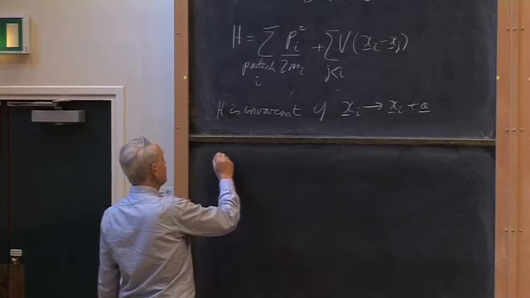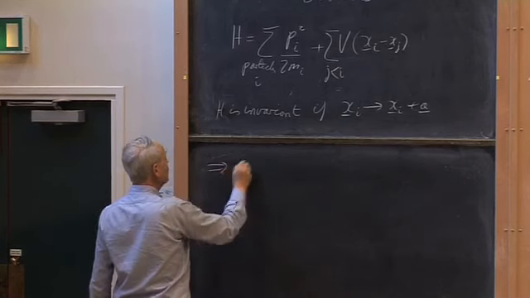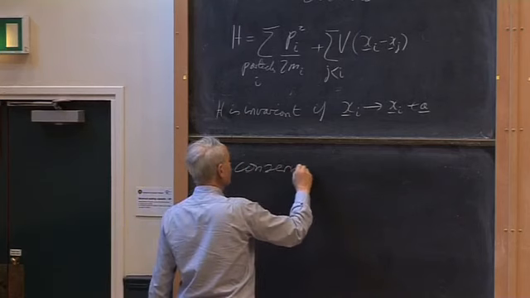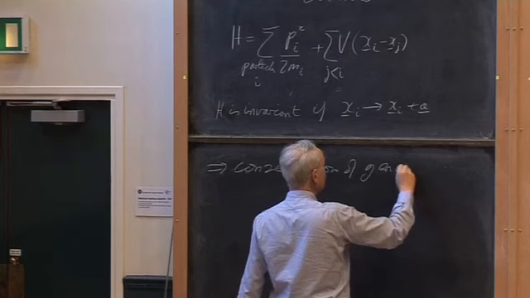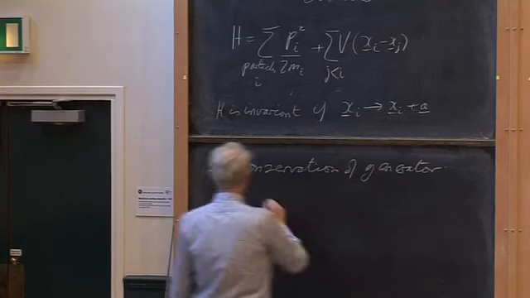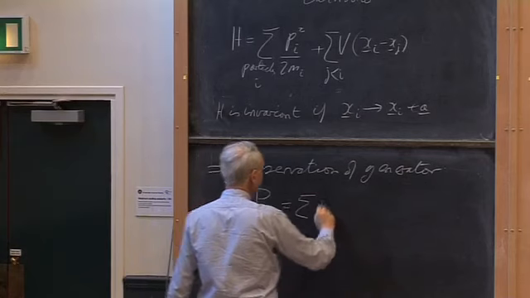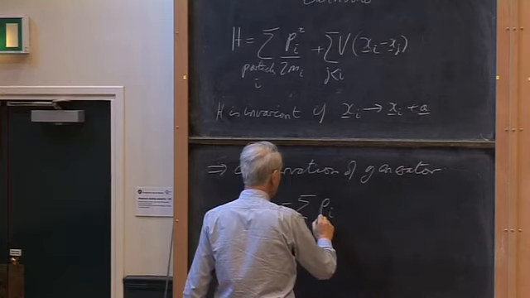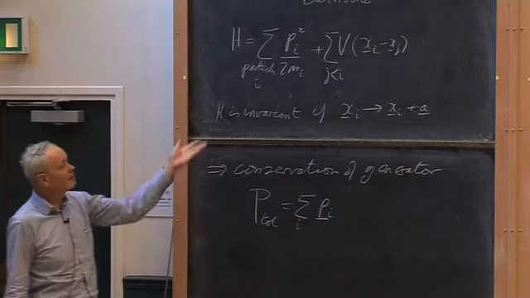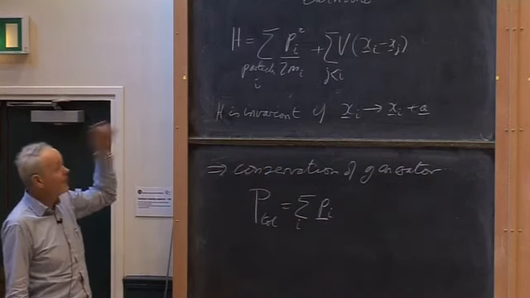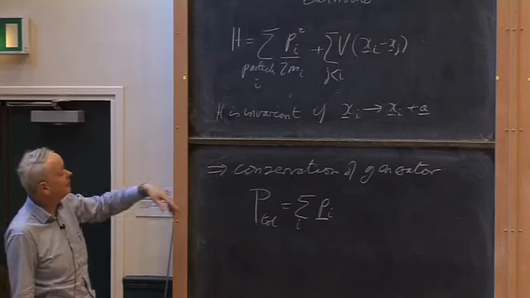So this transformation implies conservation of the generator, which is going to be the total momentum, being the sum of the momenta of the individual particles, which of course we recognize as the total momentum of this system is going to be conserved because action and reaction are equal and opposite, back to Isaac Newton.